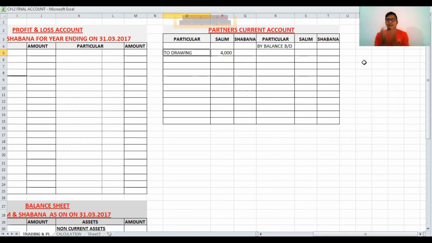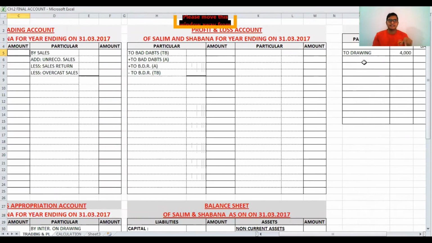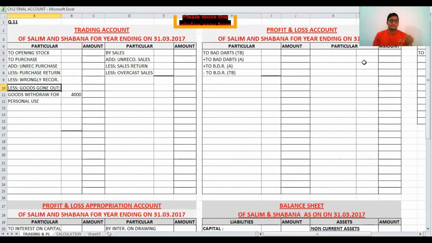It means Salim has withdrawn goods of 4,000 from the business for his personal expense. Here there is a drawing, so it is on the debit side of the partner's current account. We have to write 'to drawings', and the second entry in the trading account debit side is: less goods withdrawn for personal use.